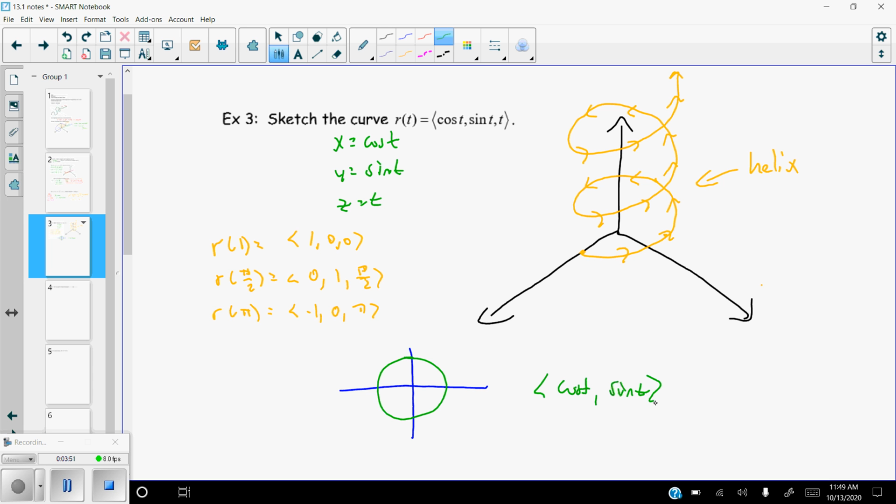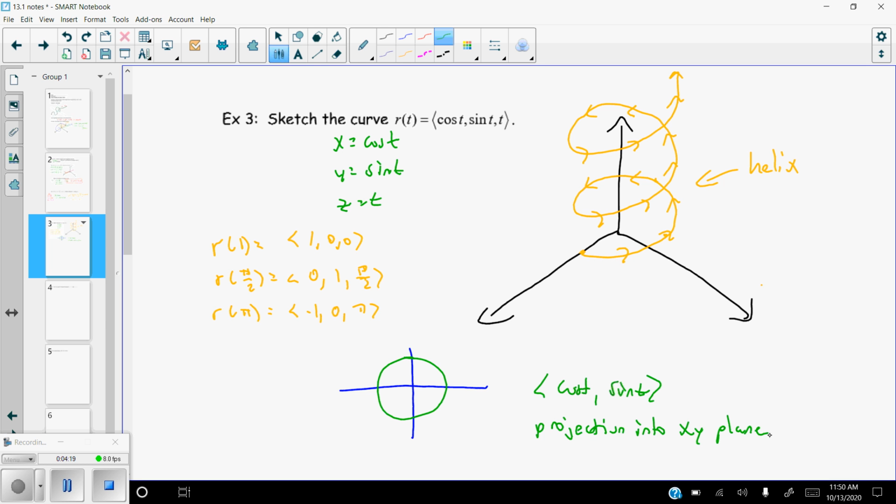So the projection into the xy plane is a circle. And that's going to be pretty common when you use cosine and sine for your x and y. The direction the circle goes may depend upon which one is x, which one is y, if you have a negative cosine, if you have a positive cosine, and so on. But one way or the other, this is going to create a circle as a projection.